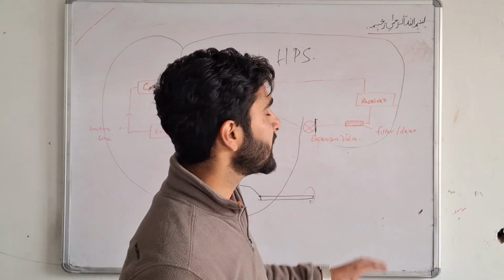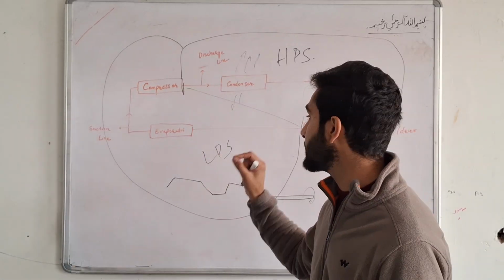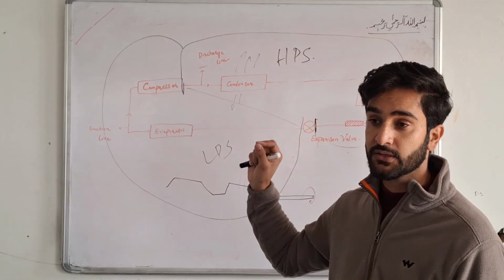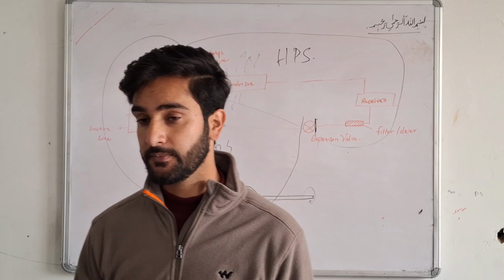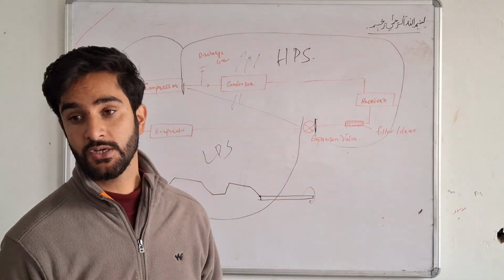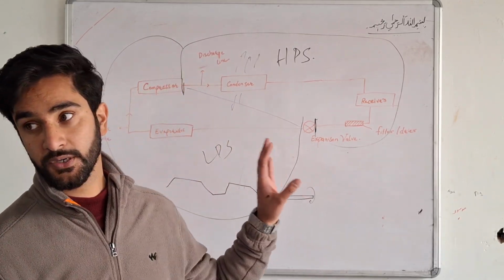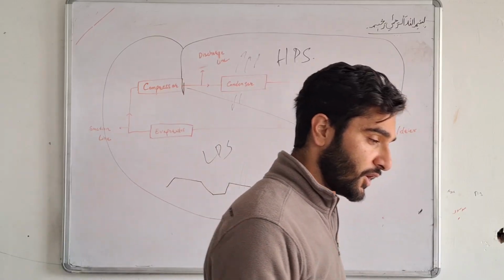Whenever we are designing the system, these temperatures and pressures are to be noted and checked for how the system is going and how efficient it is. So it is important to know what pressures we are operating at.